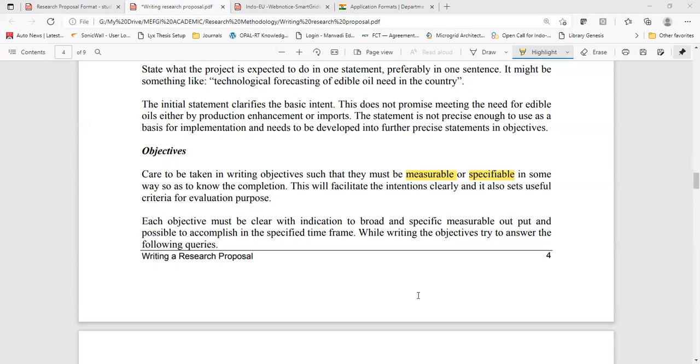So that is called a measurable and specific objective. Now remember, there are standards available for high efficiency. So when you say 80%, it cannot be considered high efficiency naturally.